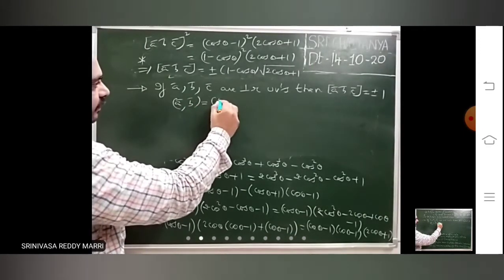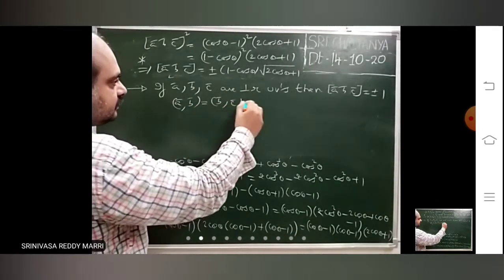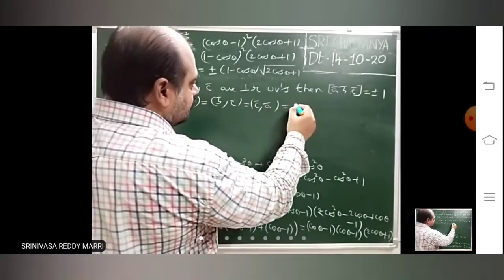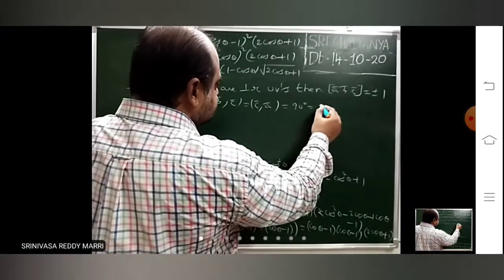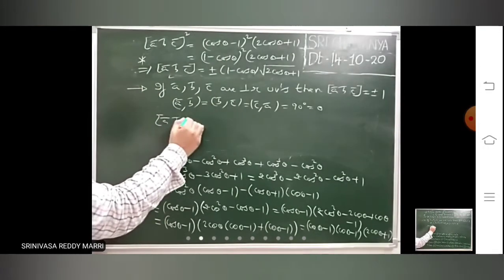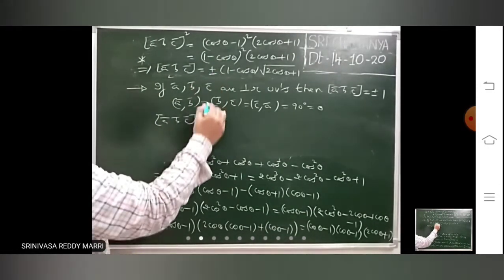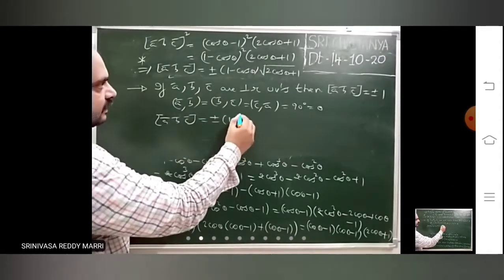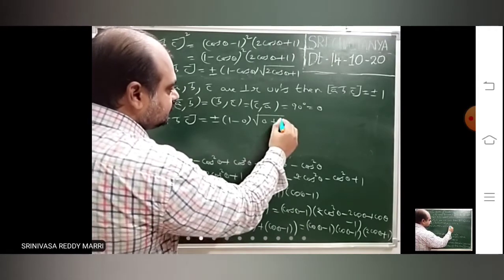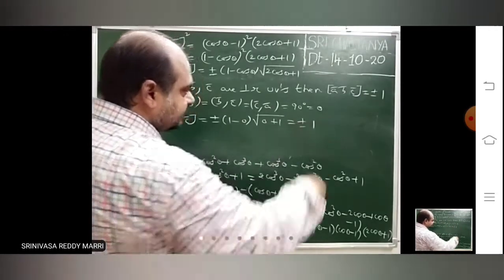The angle between A bar and B bar equals 90 degrees. This is theta. Therefore, plus or minus 1 times root of 1 minus cos 90, which is 0, plus 1. What is that? Plus or minus 1.